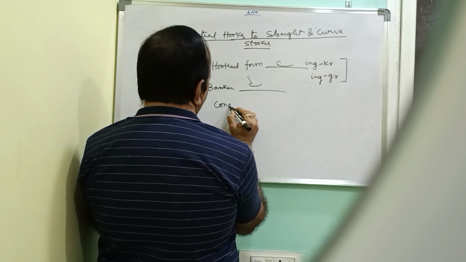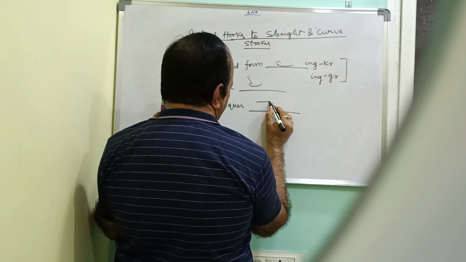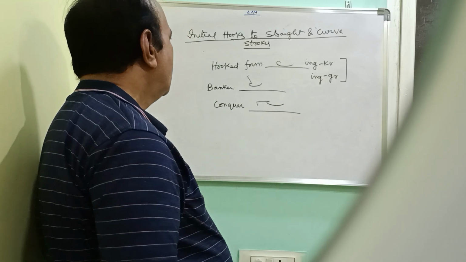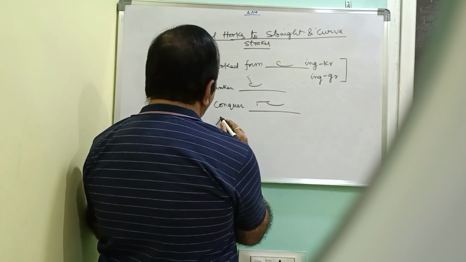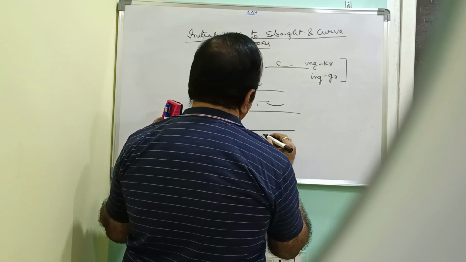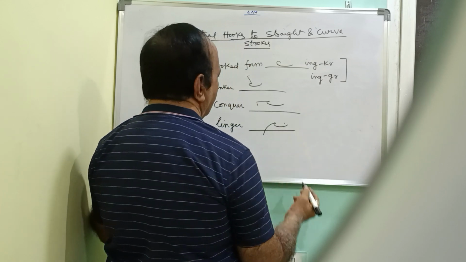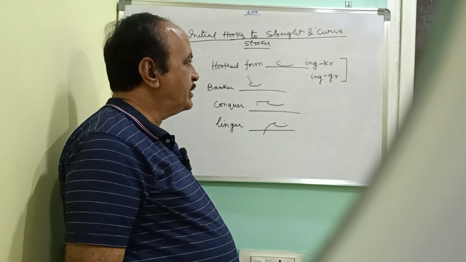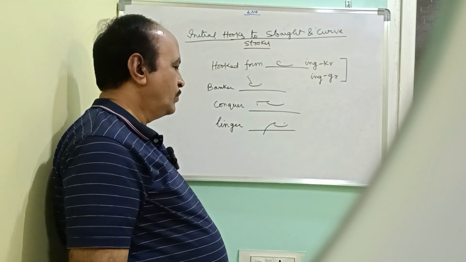In the same way, conquer, right? Conquer. And in the same way, linger, right? L and car like this, linger. This way, the hook form of ing we are using in two ways to represent the sound of inker as well as inger. Fine.